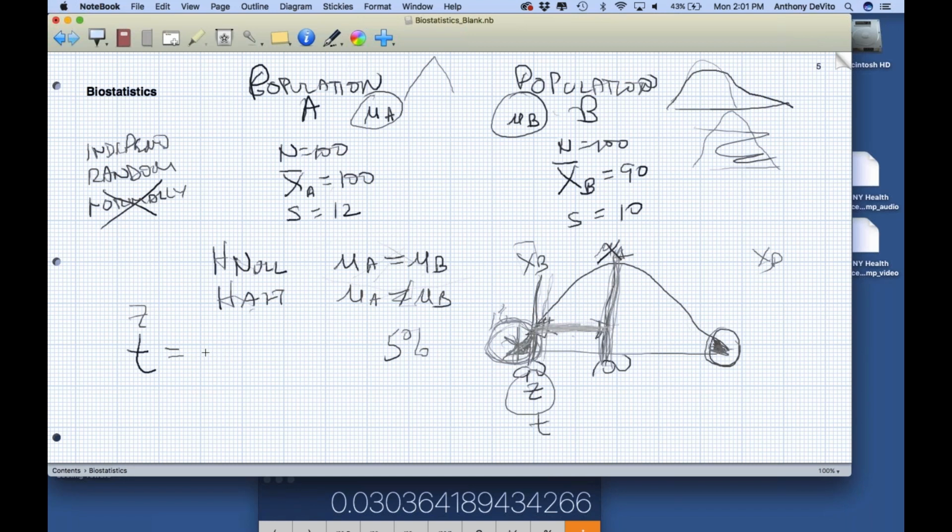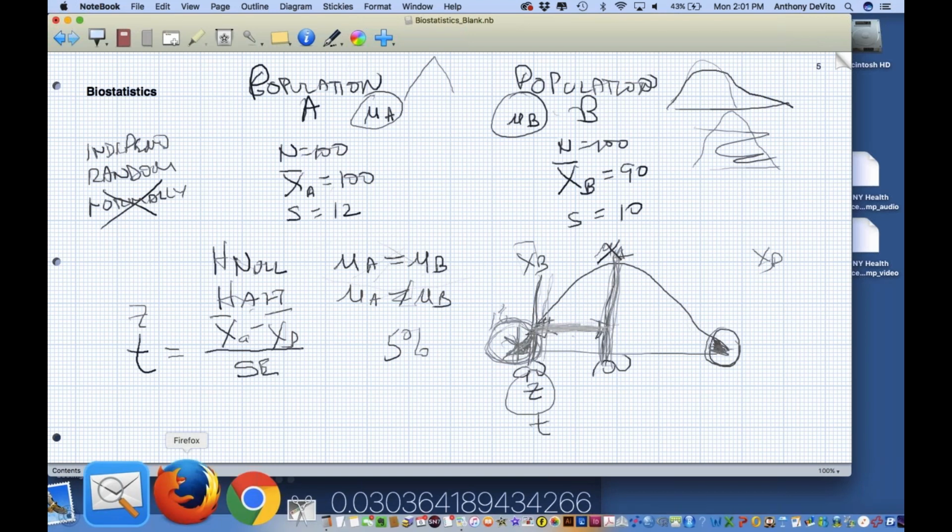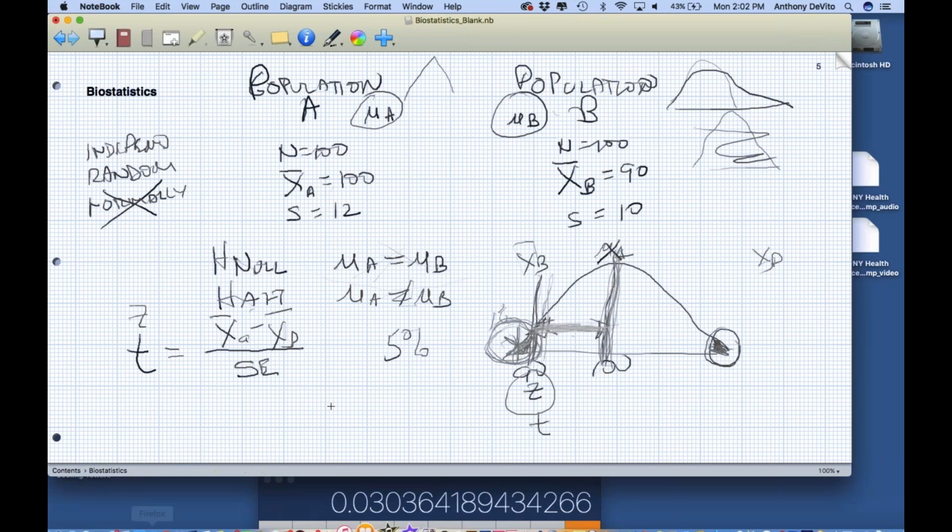T is going to be equal to the difference between the two means, x bar A minus x bar B, right? The difference between the two of them over the standard error. Okay, number of standard deviations apart is really what that is, right? So we know that if it's a big sample size, we want a difference that's at least, if it's a big sample size, we could have said z instead of t, right?